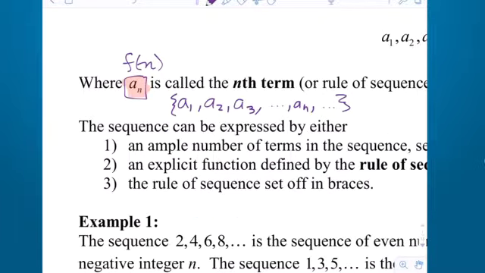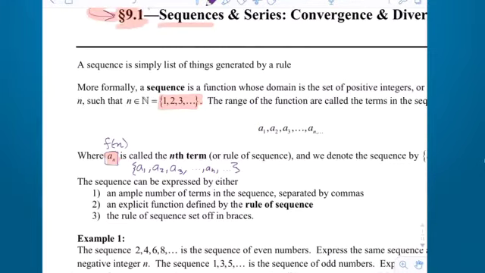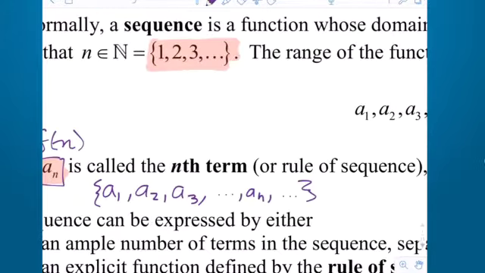All right, and so what does this mean? The subscripts become what we call the index, and it's a way to keep track of which term we're on. So a sub 1 is the first term, a sub 2 is the second term, so on and so forth. A sub n would be the nth term. Now this sequence, much like the natural number sequence, is infinite. Infinite means not finite.